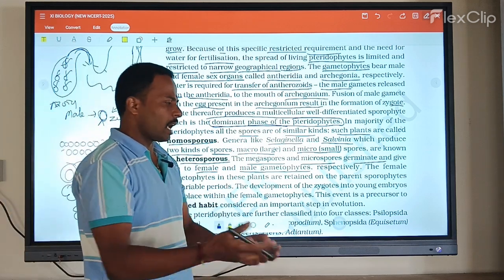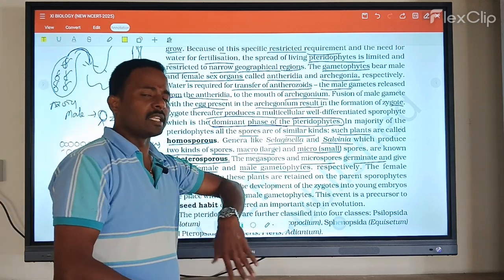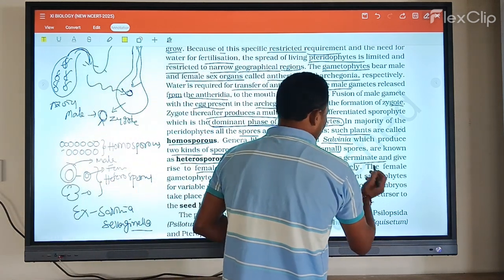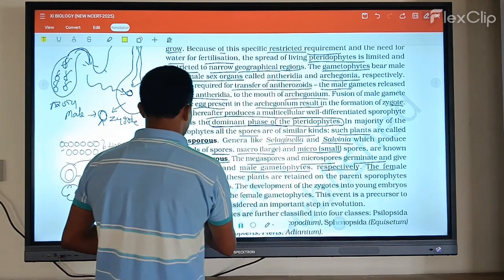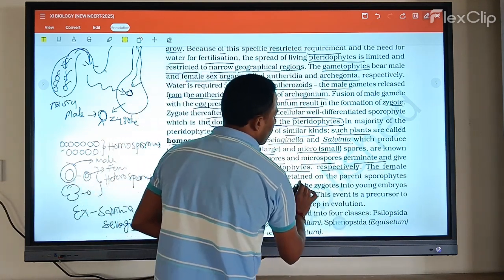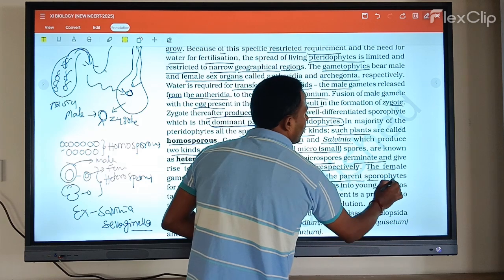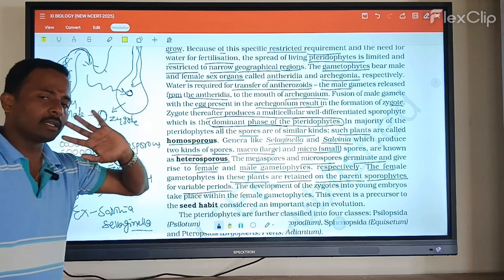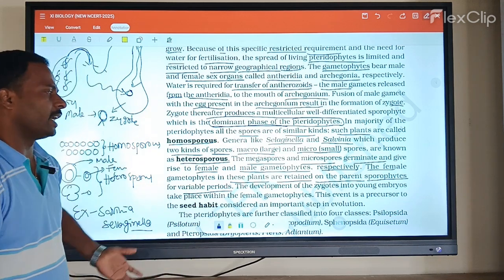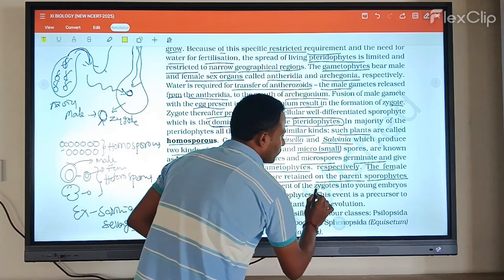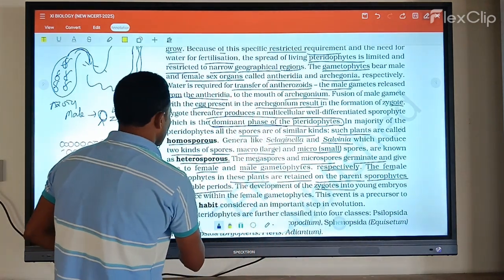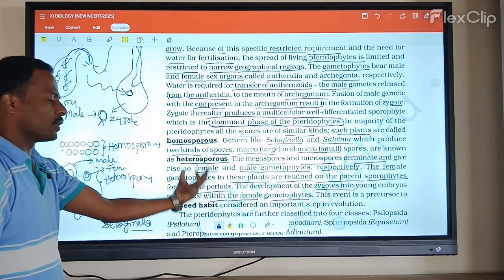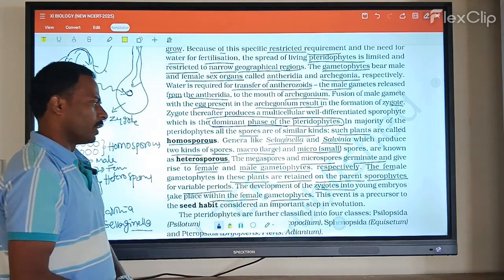The female gametophyte is retained on the parent sporophyte for variable periods. The development of the zygote into young embryos takes place within the female gametophyte.